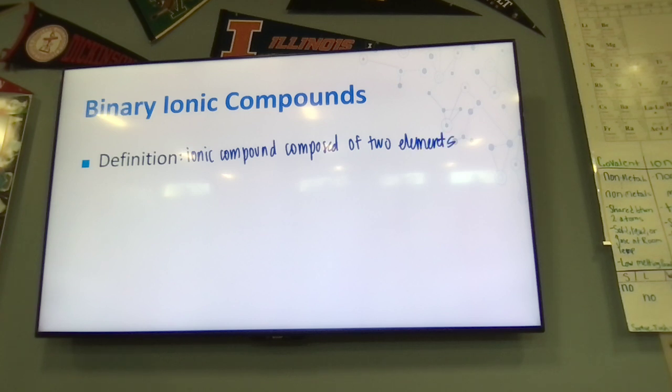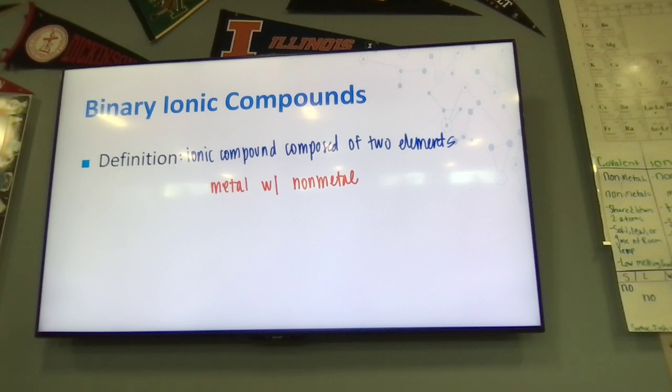All right, so just 2 elements. It is ionic, so for the elements inside of an ionic compound, one's a metal, and the other one will be a nonmetal. And those are going to be your 2 elements. You're going to have a metal element and a nonmetal element, and the 2 of them are going to join together. They're going to transfer their electrons.